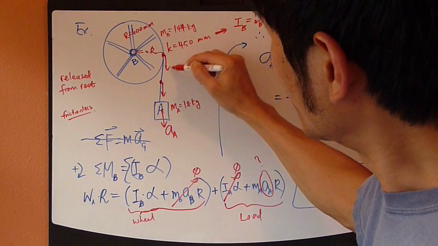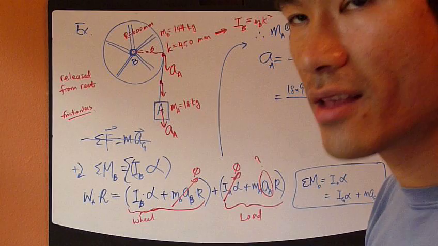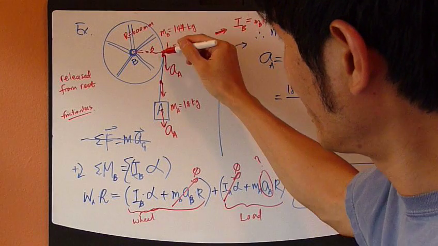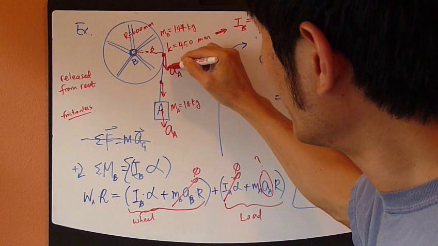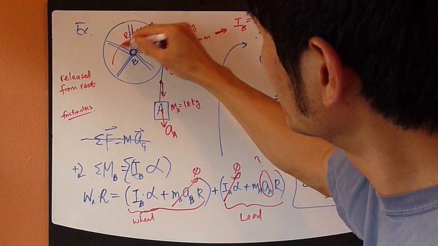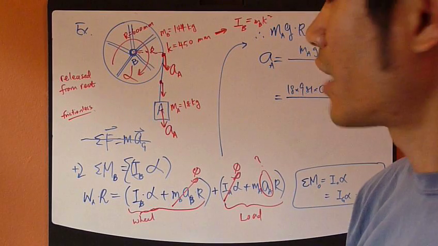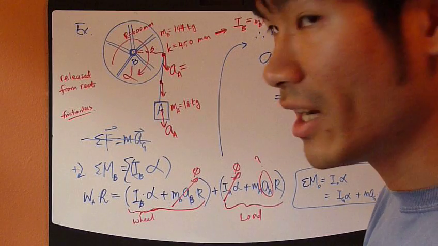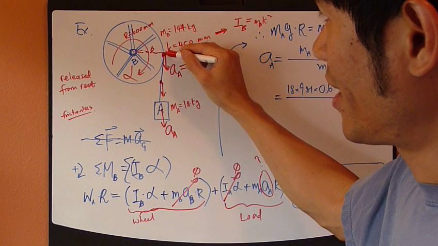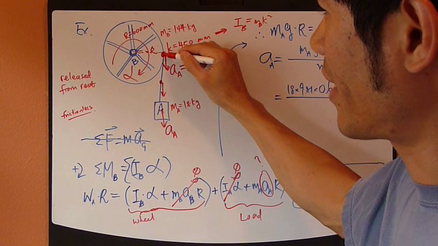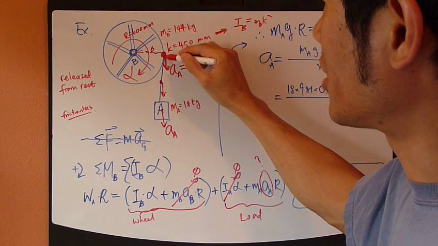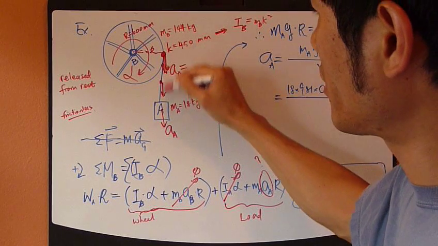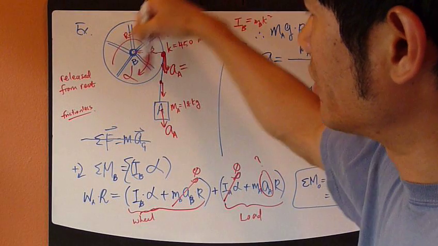So this is my a_A, the exact same acceleration. And this acceleration is related to angular acceleration by a special relationship. This point is shared by this rope as well as this wheel.